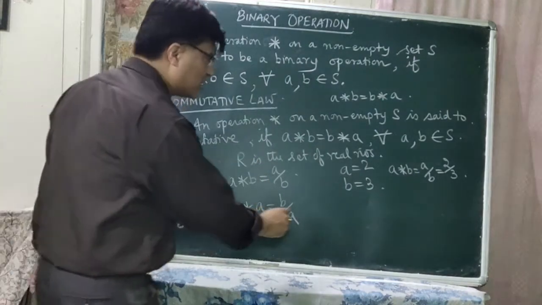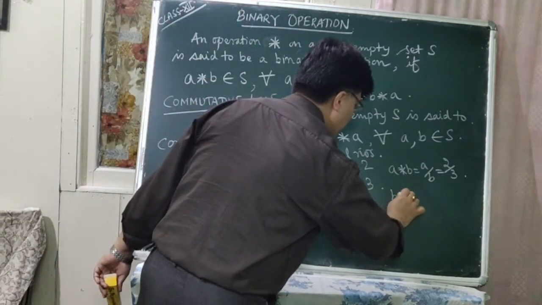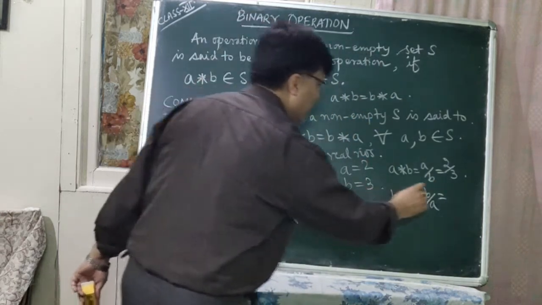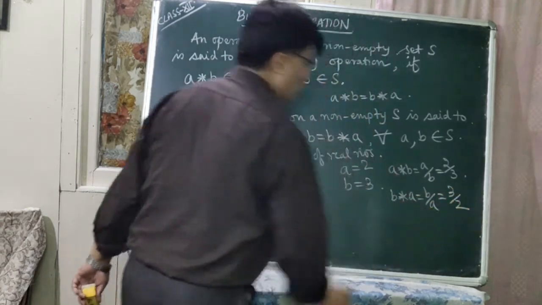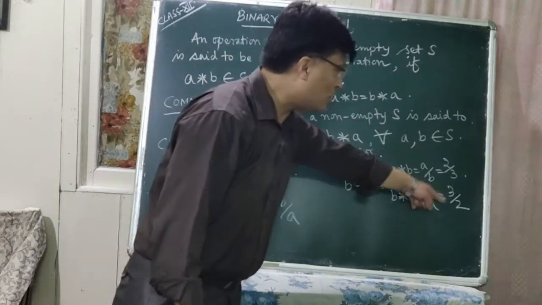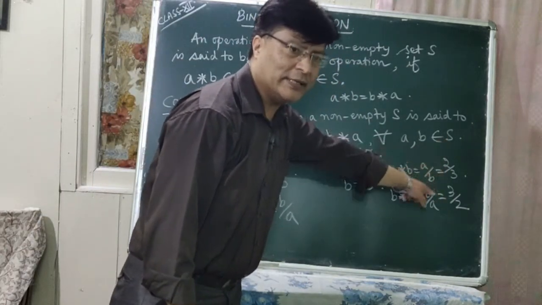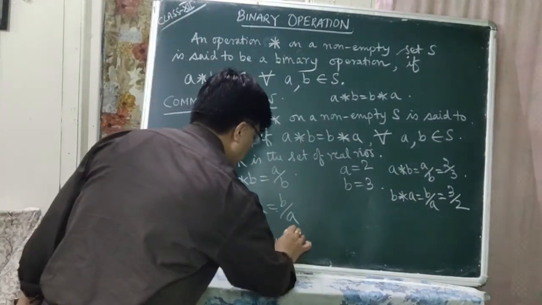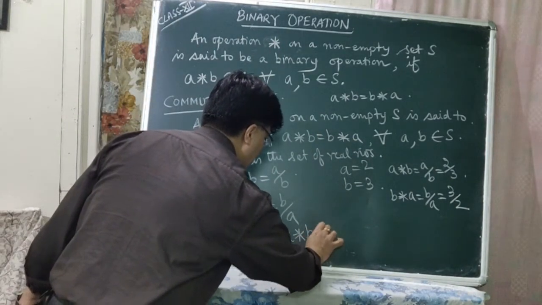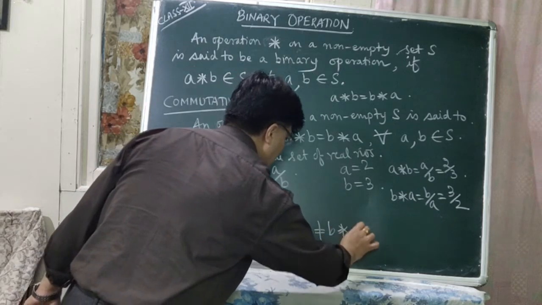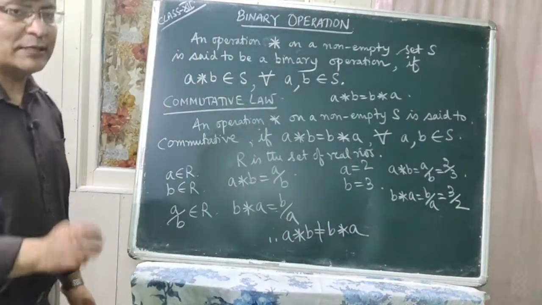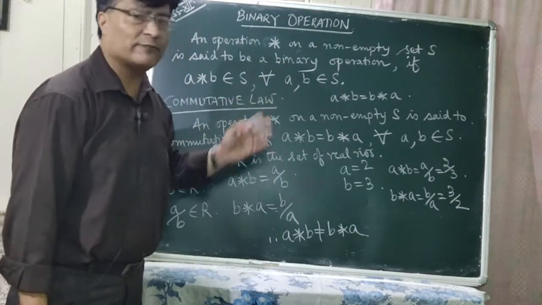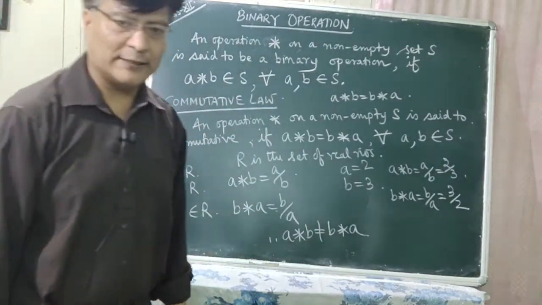Now let us find out B star A. B star A is equal to B by A, which is 3 by 2. So are they equal here? 2 by 3 is not equal to 3 by 2. So that means A star B is not equal to B star A. That means this division operation does not satisfy the commutative property.